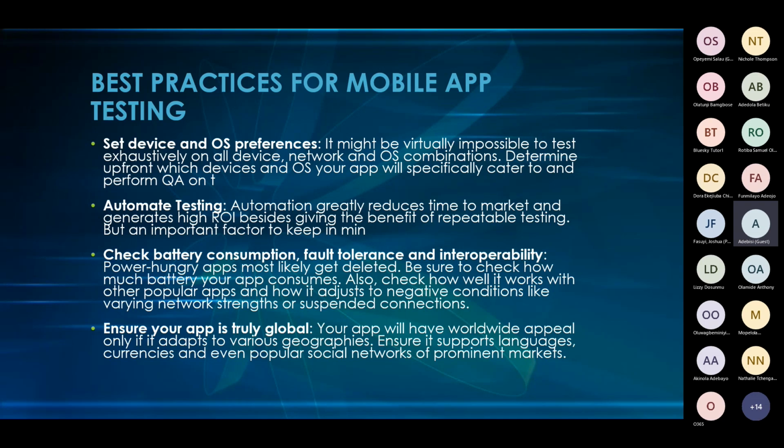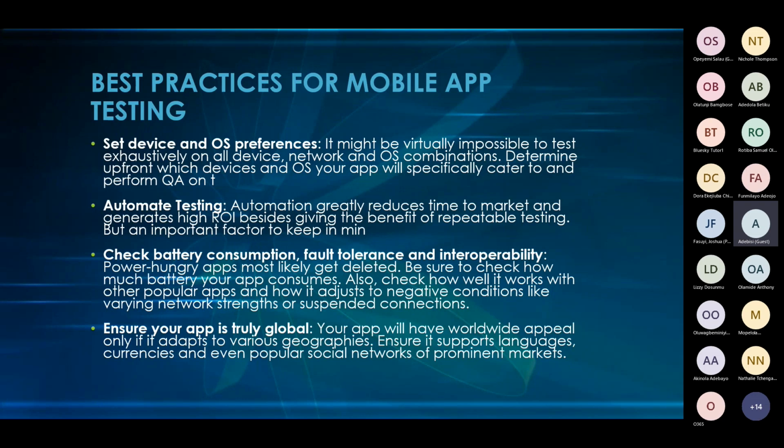Then check battery consumption, fault tolerance, and interoperability. Power hungry apps most likely get deleted if every time people install your app it is consuming so much battery. People will not want that. So be sure to check how much battery your app consumes.